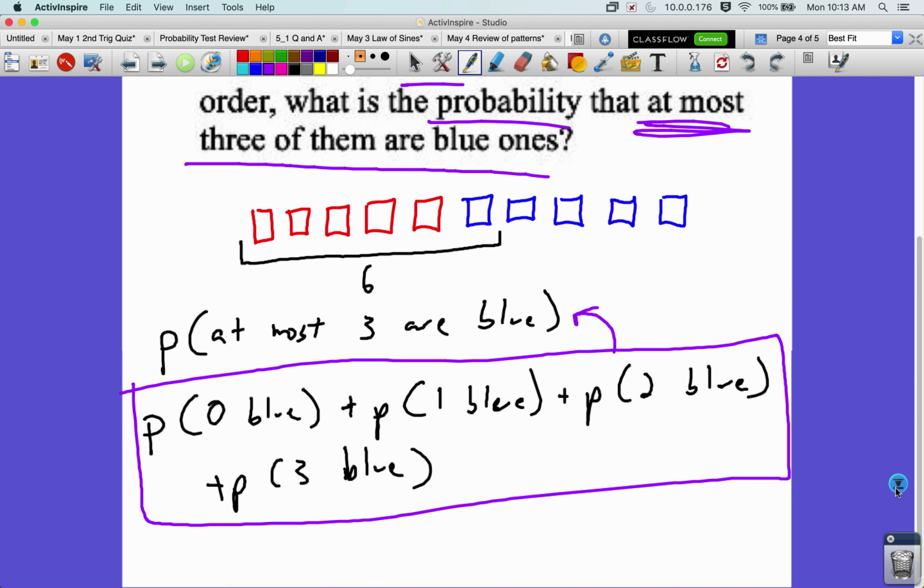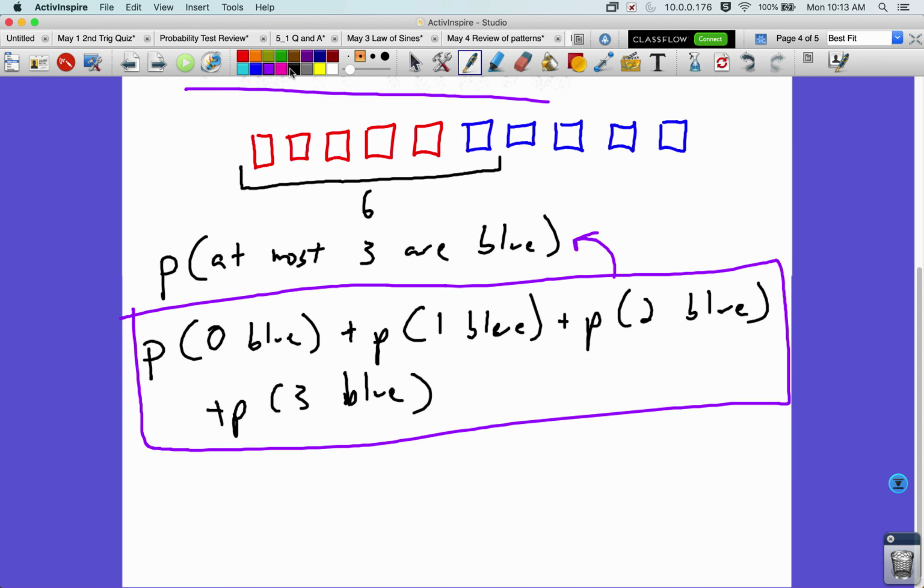But there's a slightly quicker way to do this. Because we can only go up to 5, we could calculate the probability that 4 are blue and the probability that 5 are blue, and that's just 2 probabilities. And we can say that all of these together have to equal 1, right? Because something has to happen.